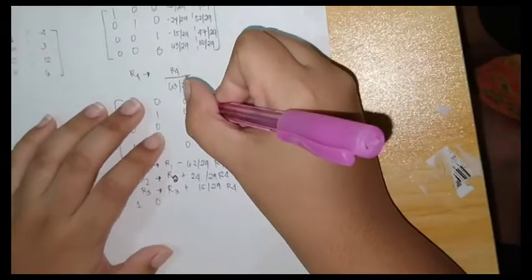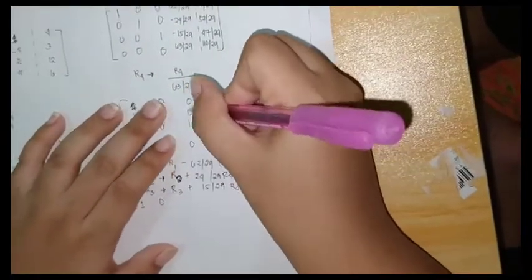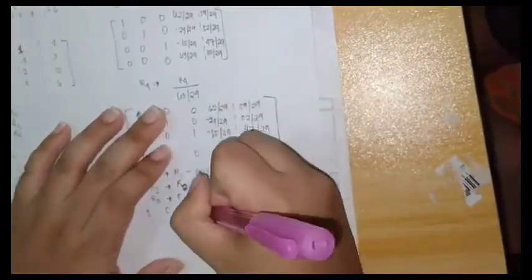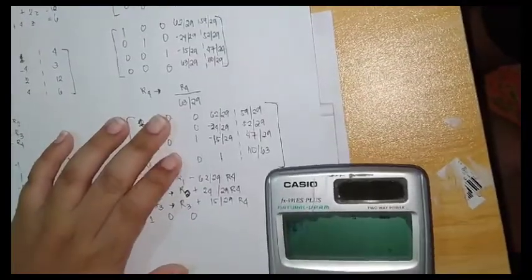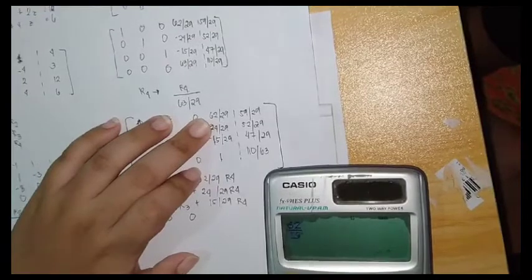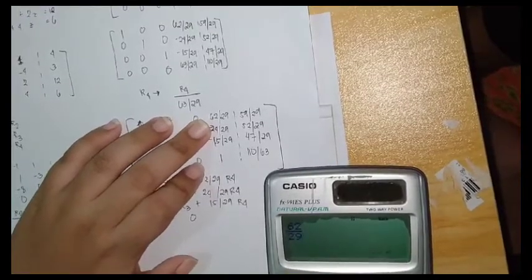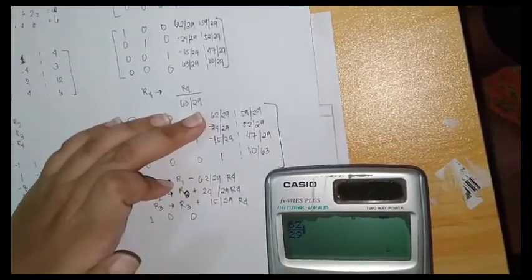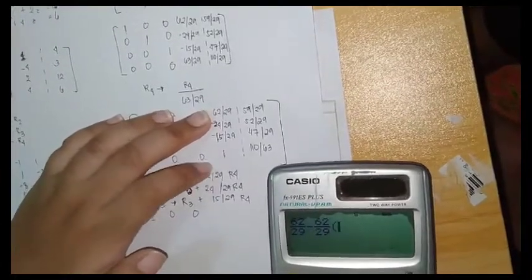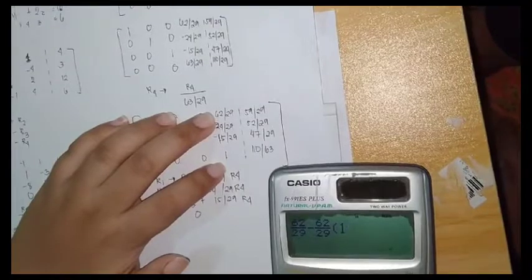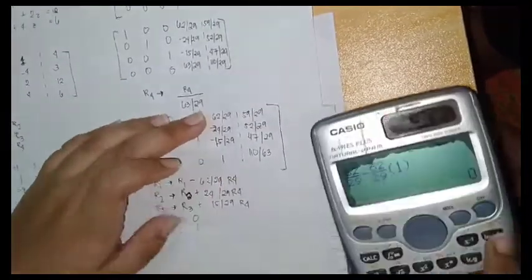And 62 over 29 minus 62 over 29 times R4 here is 1, so we have 0.